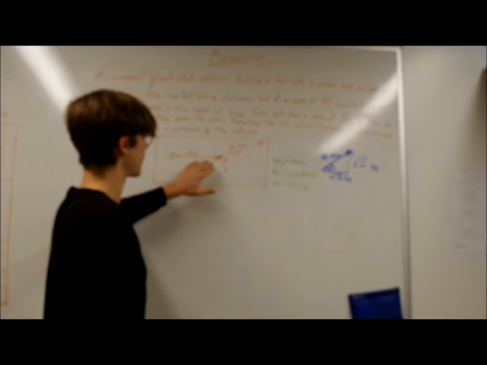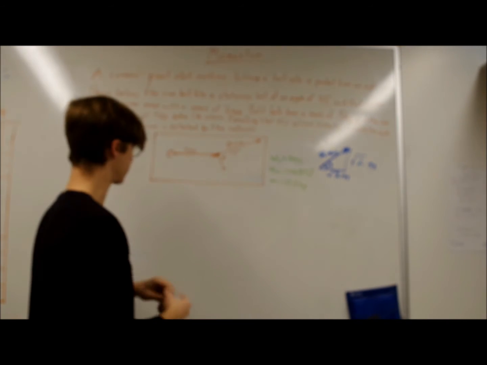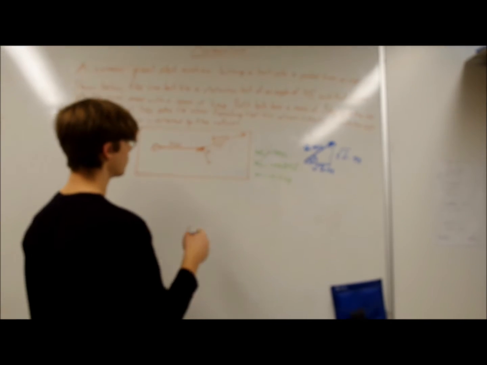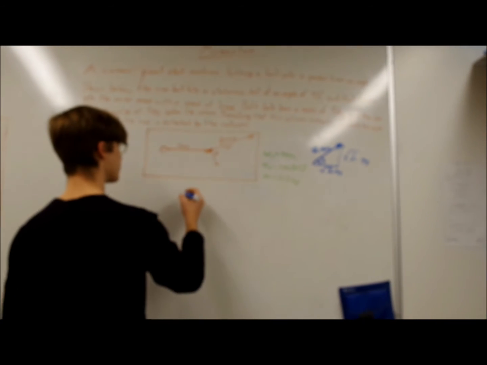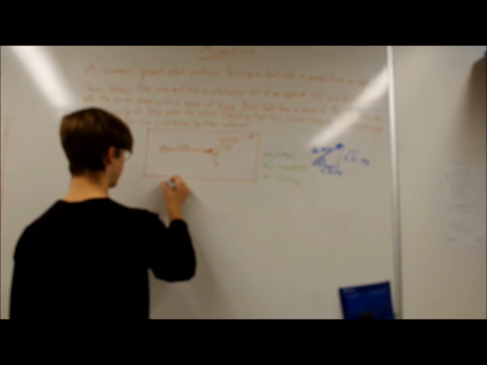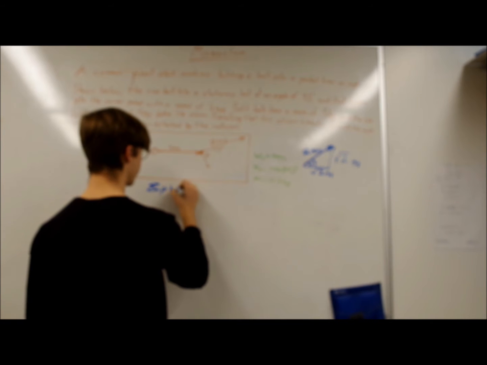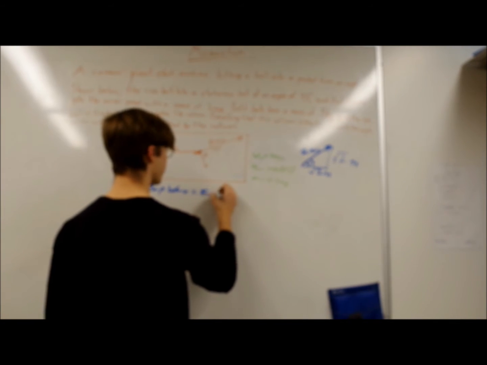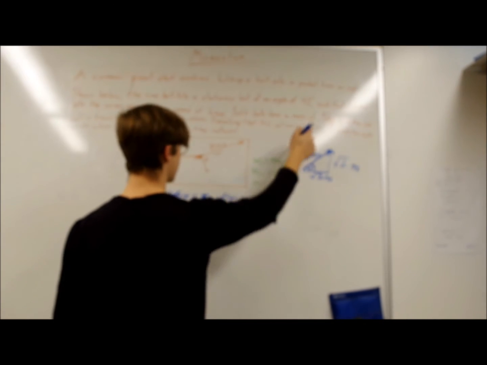Now, to calculate the other vector, we can arrange it in both its x part and its y part. So we're going to start off with the x part. We know that the sum of the momentum before equals the sum of the momentum after, because this collision is elastic.